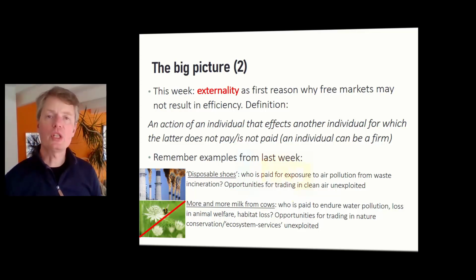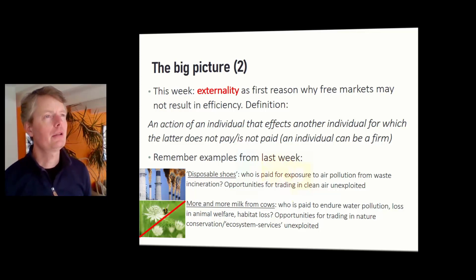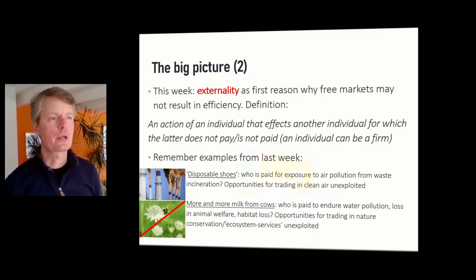So when we apply that definition to the two examples that we discussed last week, first we discussed the market for shoes, where entrepreneurs acting upon opportunities relocated shoe production to low-wage countries, and also changed the production factors in the sense that shoe production became much more capital intensive.